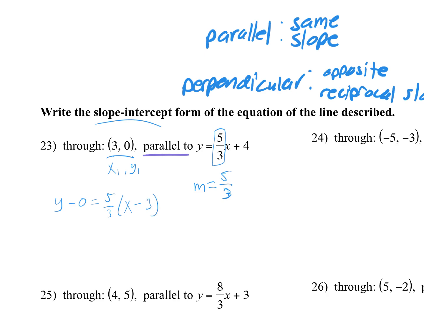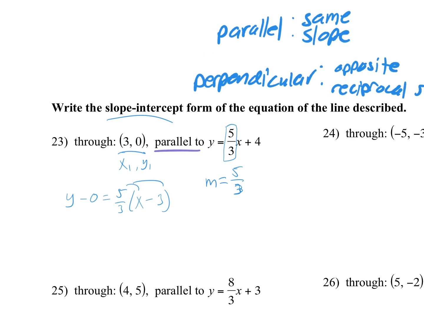So this is in point slope form. Now to get it in slope intercept form, you want to distribute this 5/3. On the left, we're going to have y minus 0, which is y. And then 5/3 times x is just 5/3 x. And then 5/3 times negative 3, the 3's are going to cancel. So we get minus 5.